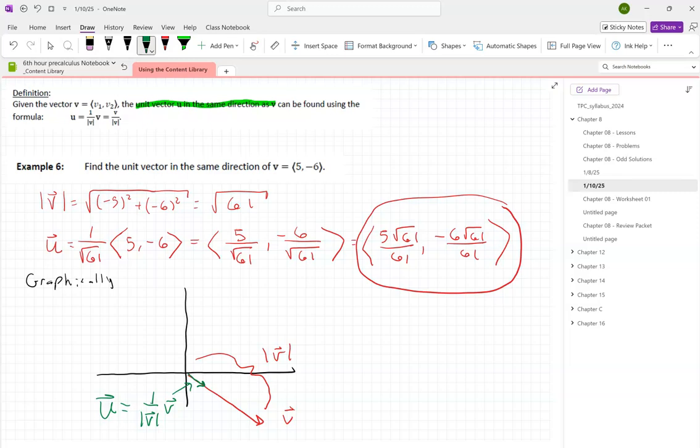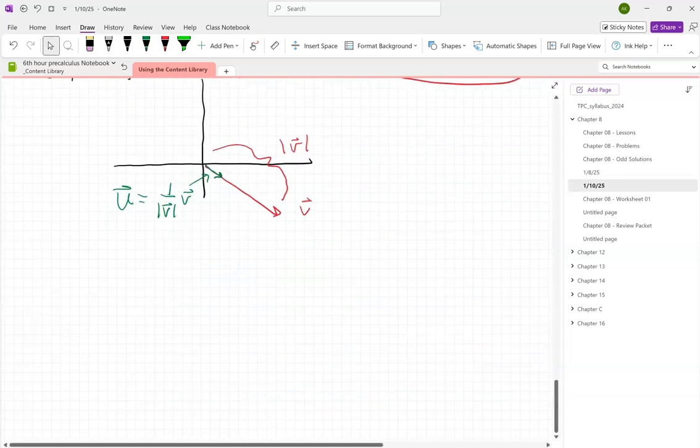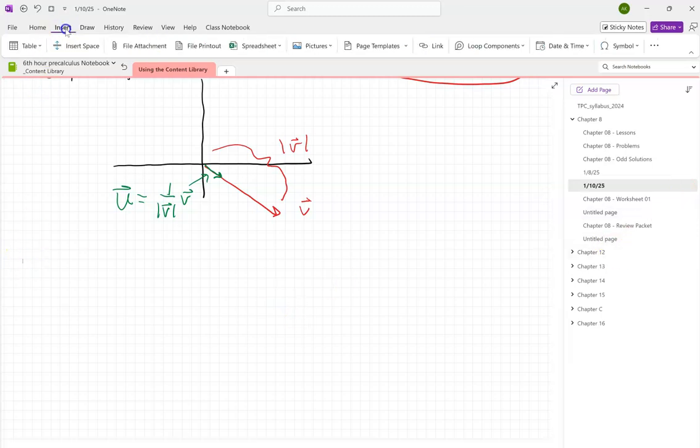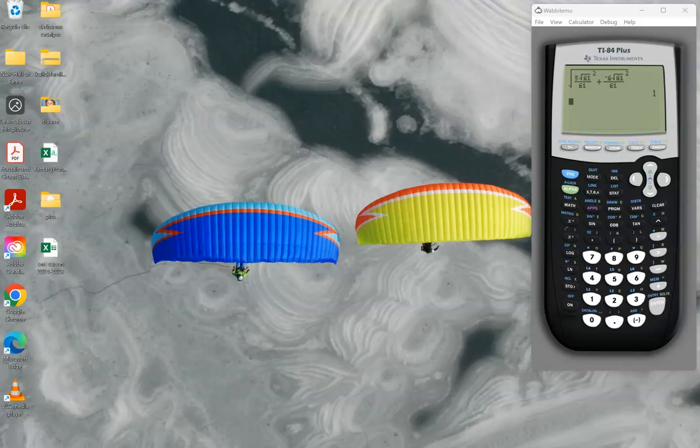Okay, so as you might have guessed, these unit vectors are kind of important. Of all the possible unit vectors, remember, all the points on the unit circle correspond to a unit vector. There are 2 that we have a special name for.